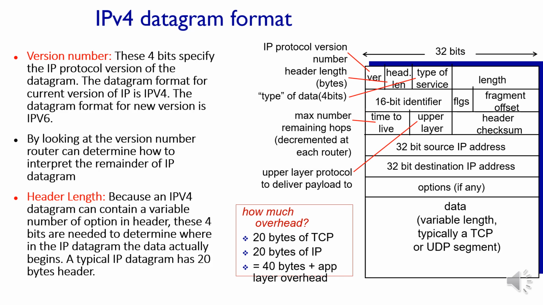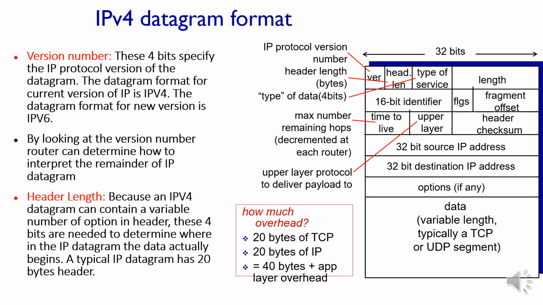The datagram of the current version is IPv4 and the datagram for the new version is IPv6. By looking at the version number, the router can determine how to interpret the remaining part of the IP datagram. When the sender and receiver are in common agreement on the version number, only then can they exchange messages.